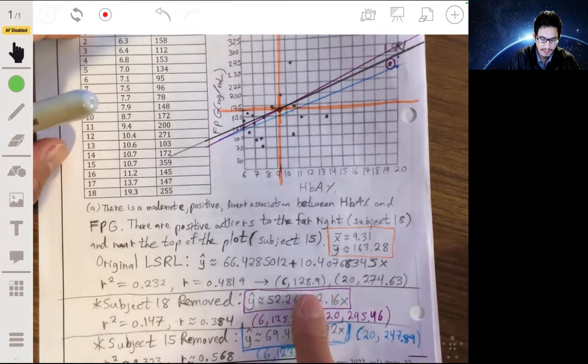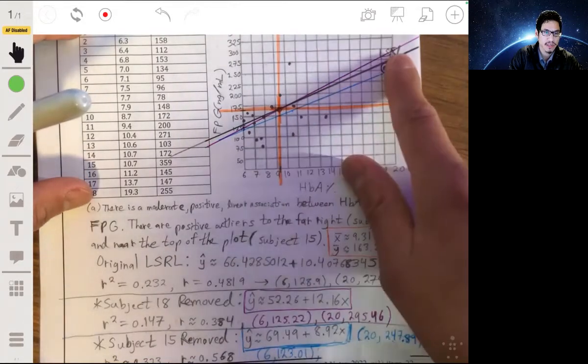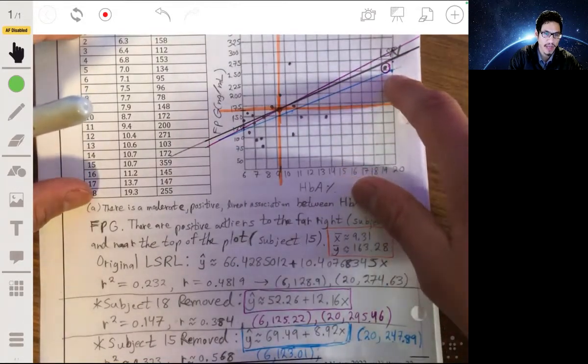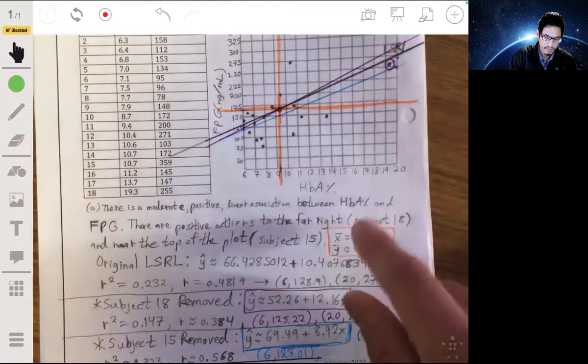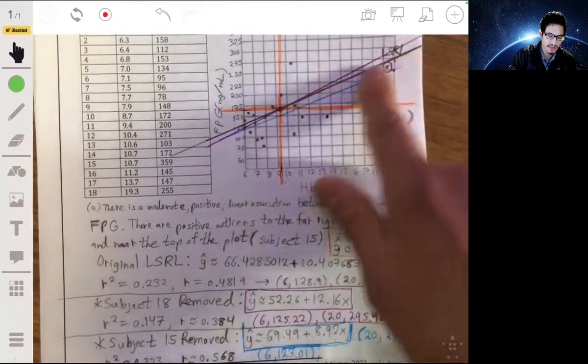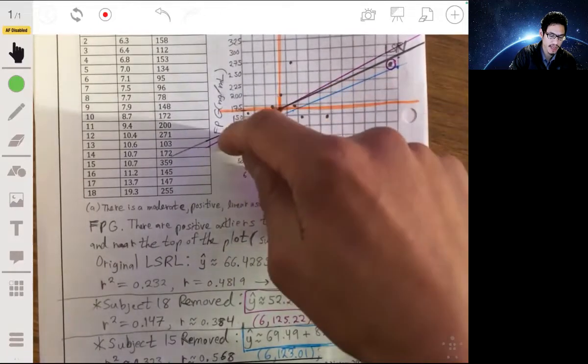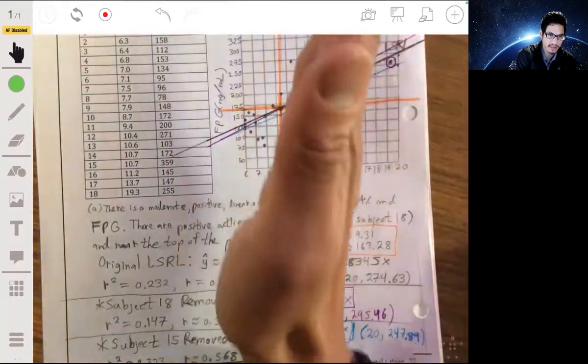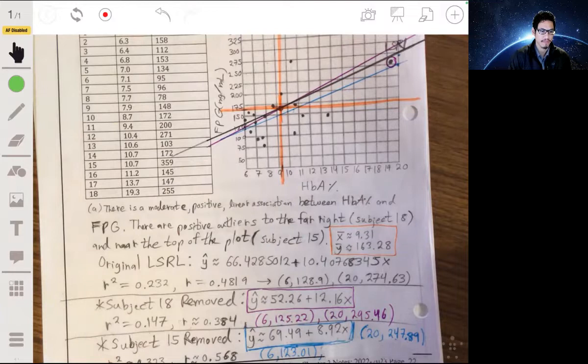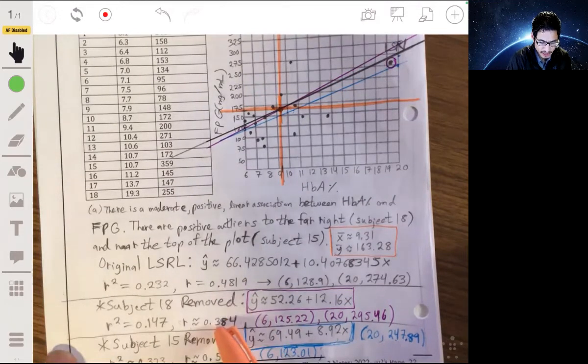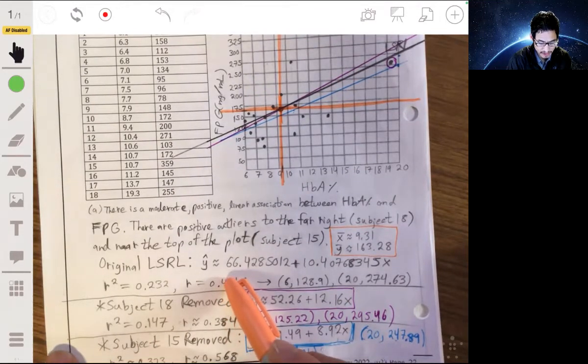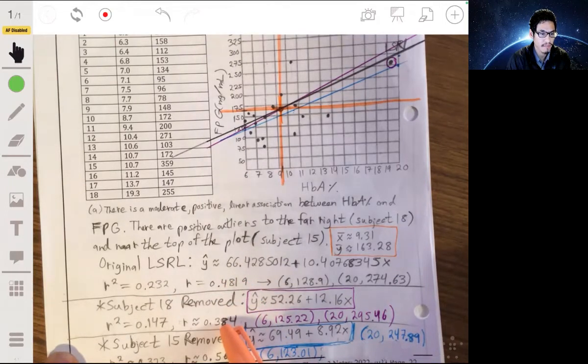Here's the new least squares regression line when you took the outlier out in the purple. You see how it's slightly going below on the left but above on the right, because it's tilted like that. The R value changed by 0.1 from the original to this one.